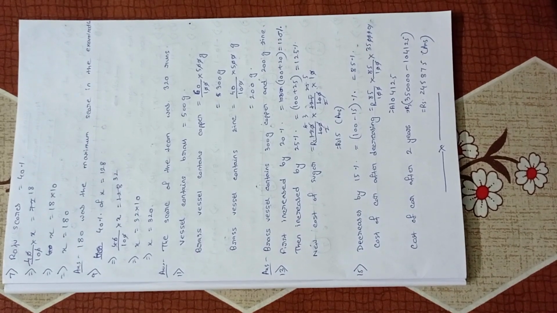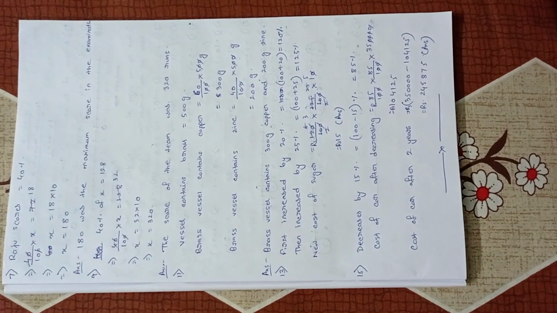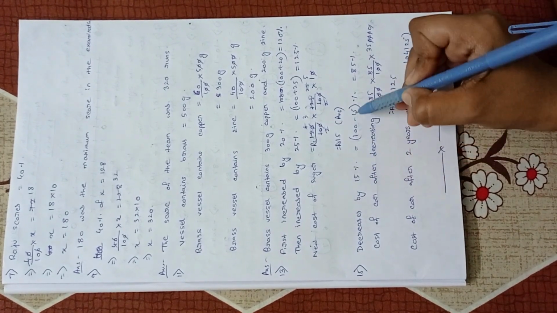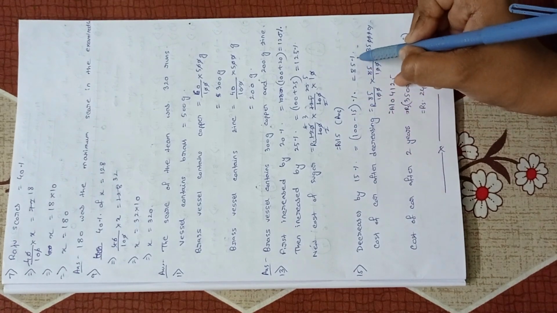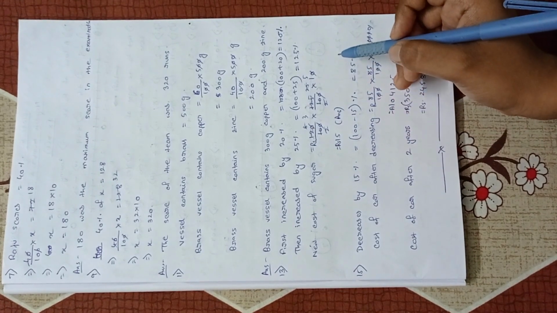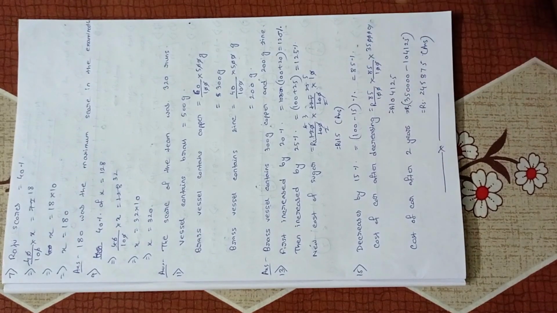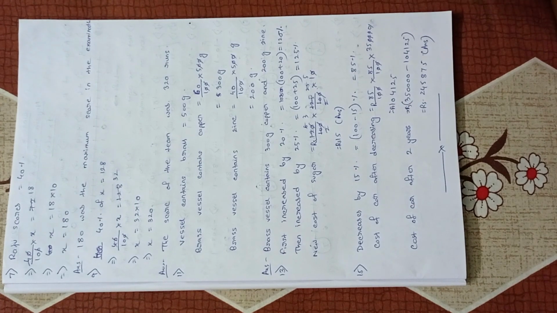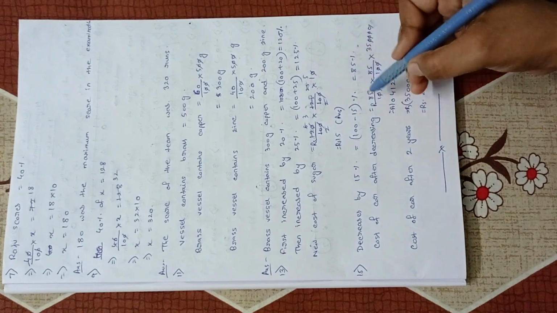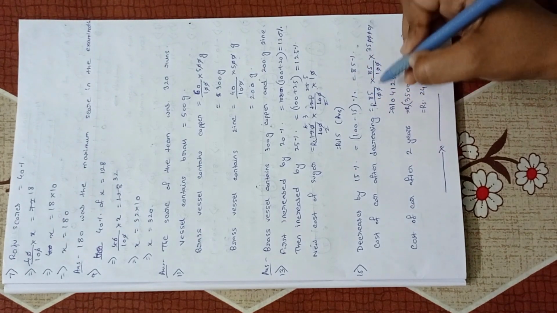So the cost of the car will get decreased every year. It is decreased by 15%, that means 100 minus 15, 85%. In the first year it was decreased by 15%, and in the second year also it got decreased by 15%. So for 2 years we will multiply it twice.